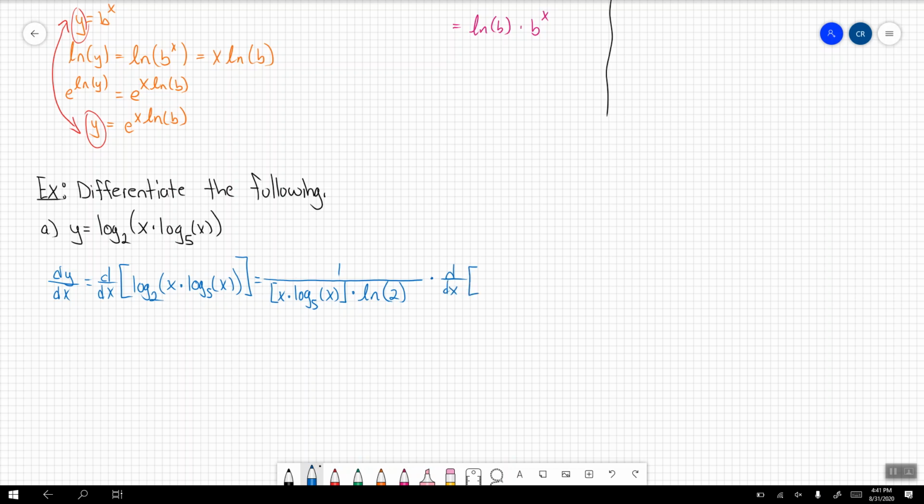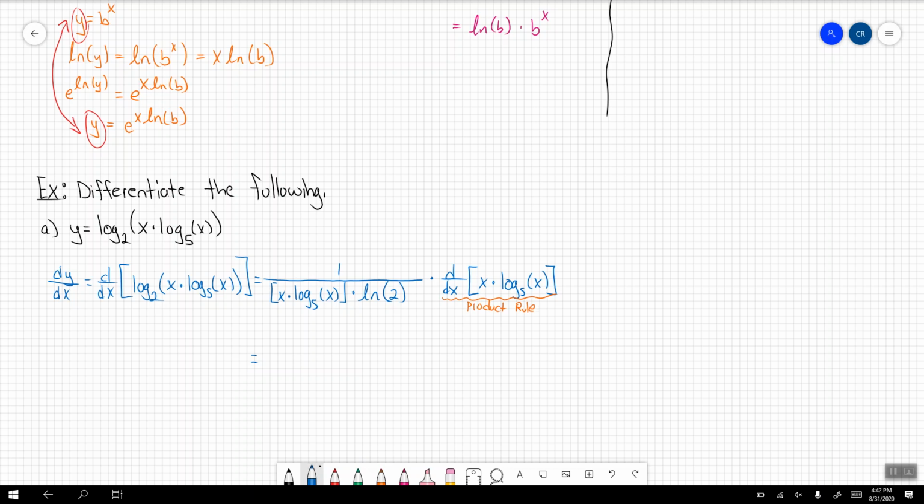So the derivative of the inside, that's going to be the derivative of x times log base 5 of x. So what does this derivative look like? Well, in order to take that derivative, we need our product rule. So we're going to use a product rule here. So I'm going to write this out that this needs a product rule. And again, this is only going to be that numerator.